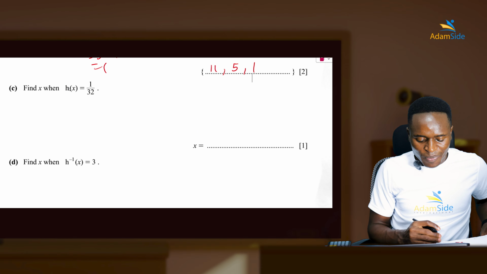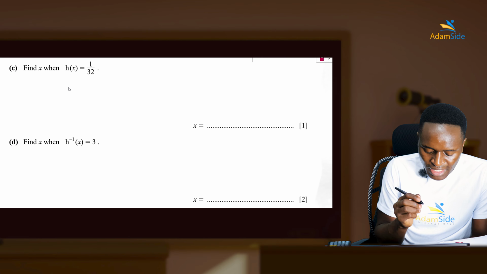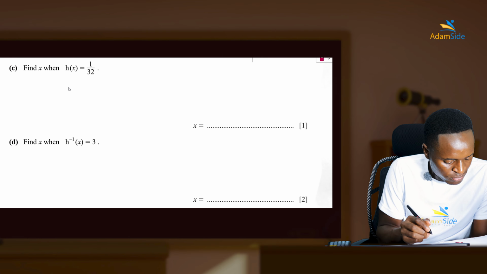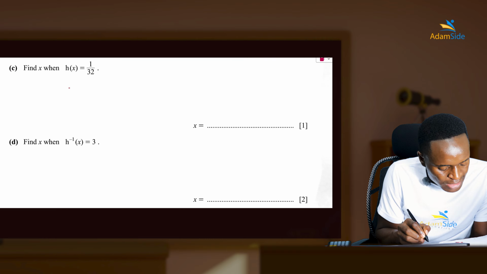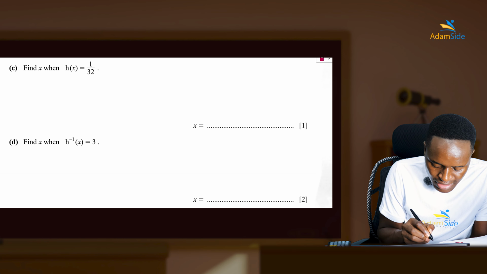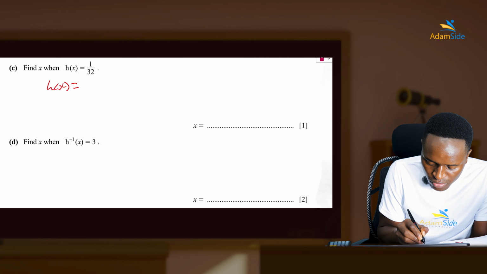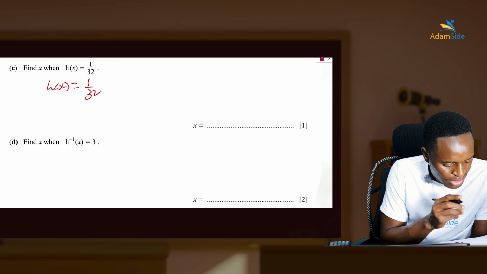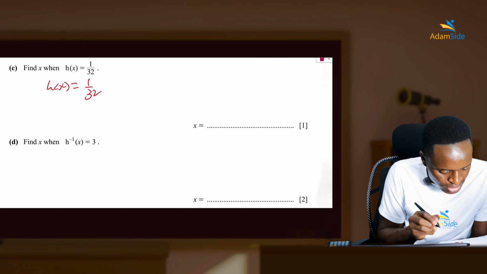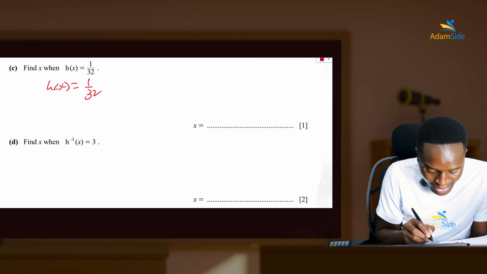And then we go to C. Find x when h of x is 1 over 32. So we understand that h of x is equal to 1 over 32. But our h of x function is 2 power x.